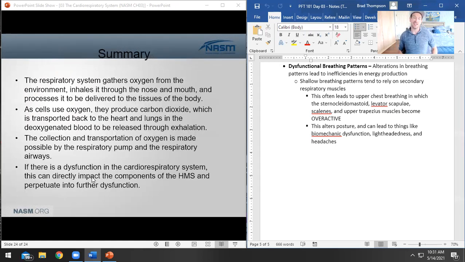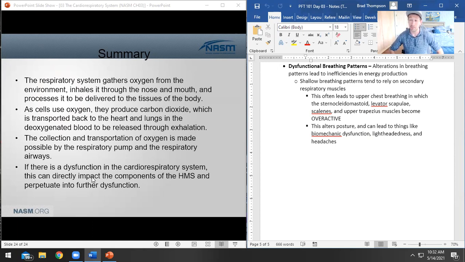All right, so summarizing everything up, your respiratory system is in charge of gathering oxygen from the environment so that it can get it exposed to your cardiovascular system. And then your cardiovascular system is going to deliver that oxygen throughout the body. That will allow your cells to use that oxygen and produce carbon dioxide or CO2 as a byproduct.